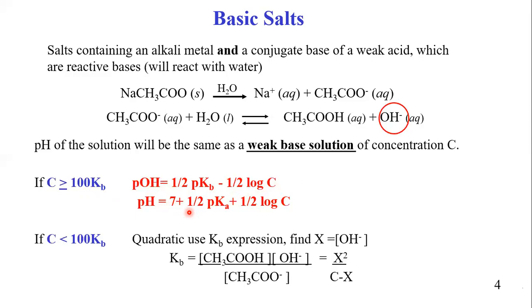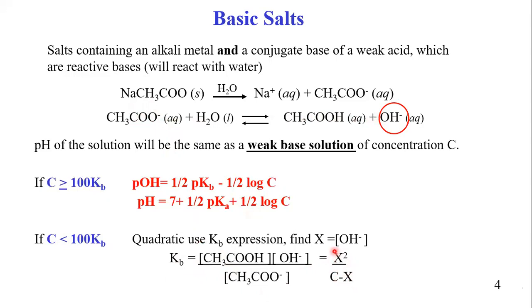This is why, guys, I told you, please study the first parts, because from here on, we're always going to use these equations. Wait till we get to titrations. We're going to simply use them. If the concentration is less than 100 Kb, then we use the quadratic equation, which comes from the Kb expression: acetic acid times OH- divided by the acetate ion, or simply x squared over C minus x, the initial concentration in solution minus the x.